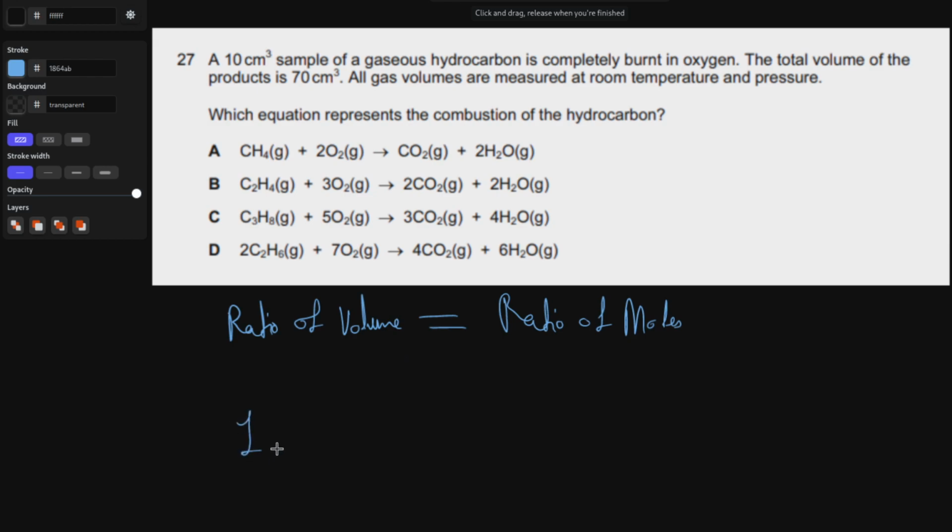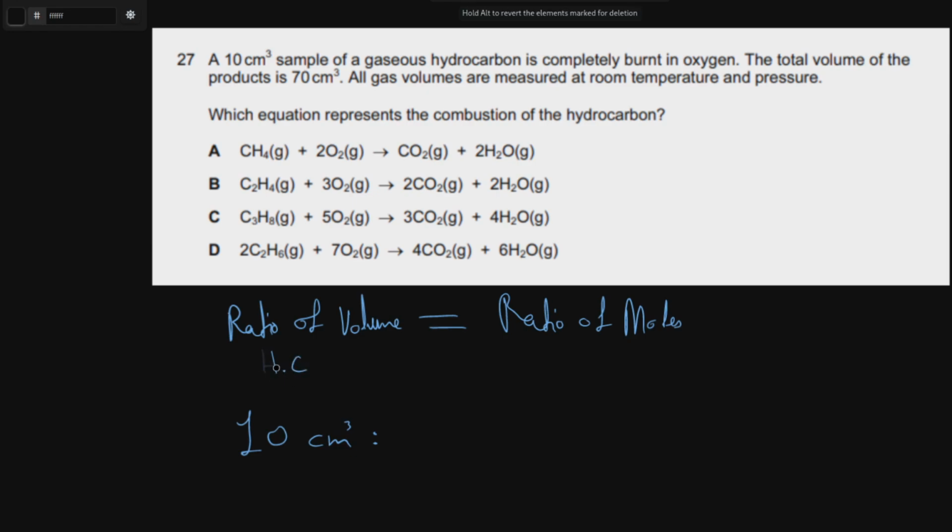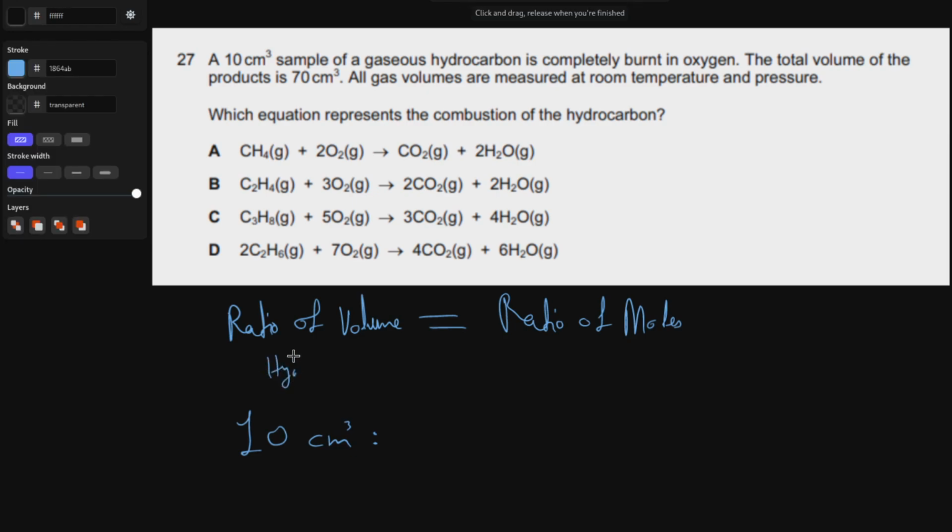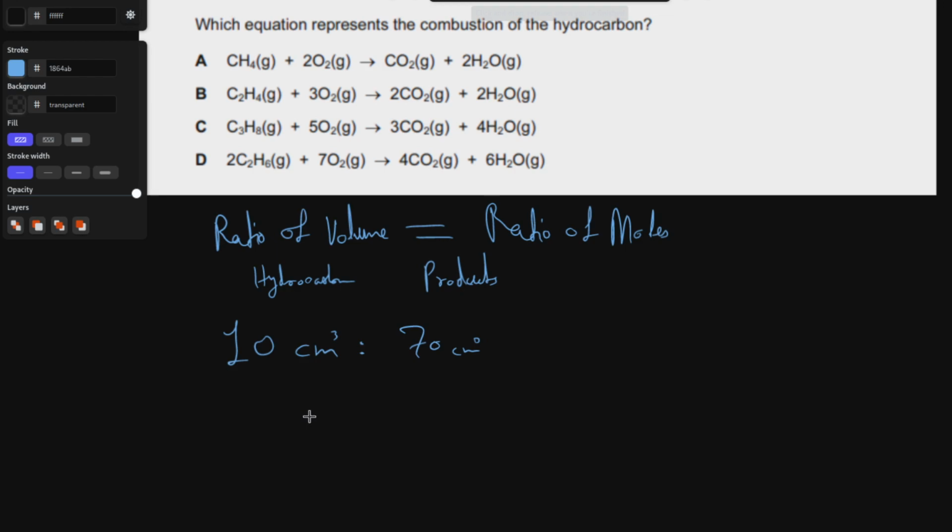This is basically saying that 10 centimeter cube of the hydrocarbon, whatever that hydrocarbon will be, is in ratio with the volume of the products, which is 70 centimeter cube, and we convert that ratio into a much simpler form.